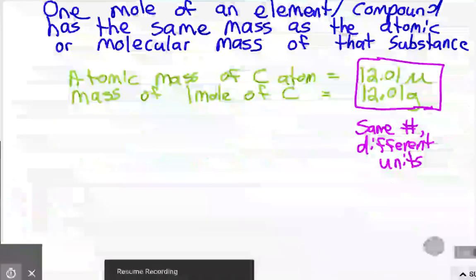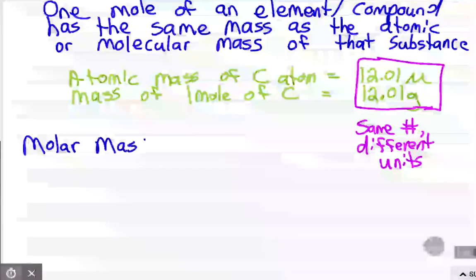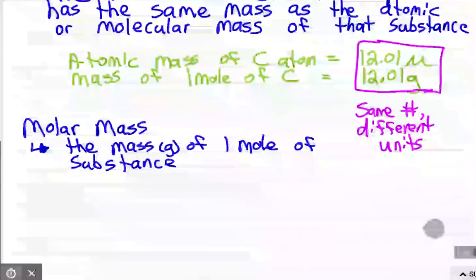Okay. And this molar mass is the mass in grams of 1 mole of a substance. And it doesn't matter if it's an atom or a molecule or a compound, it's the mass of 1 mole of a substance.